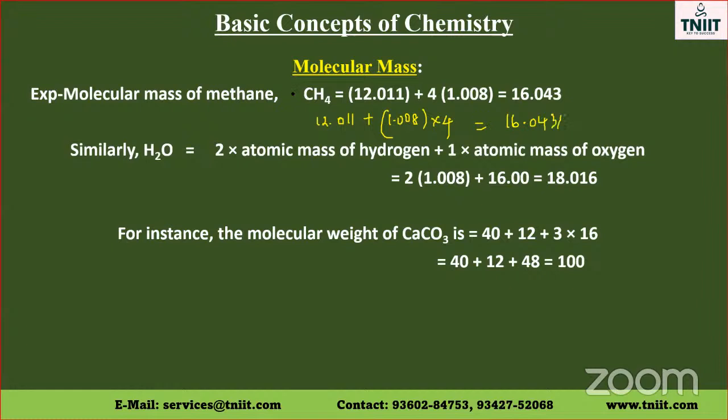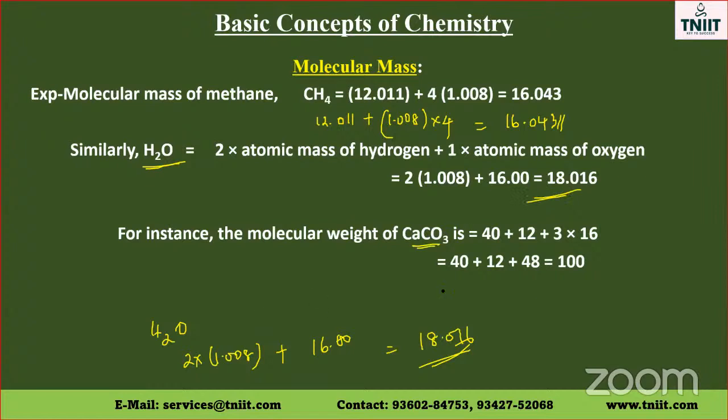The more accurate molecular mass of methane is 16.043. Similarly for water, H2O, we have 2 hydrogen atoms. 2 into the atomic mass of hydrogen, 1.008, plus oxygen atomic mass 16. Therefore, the answer you'll get is around 18.016, as I have mentioned.